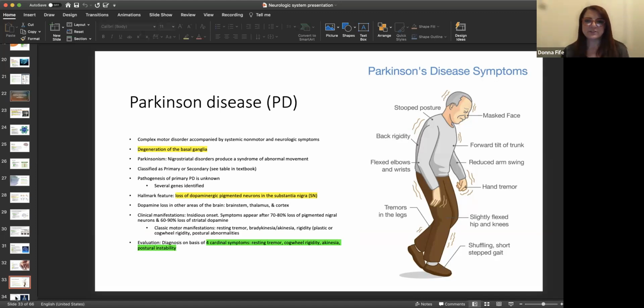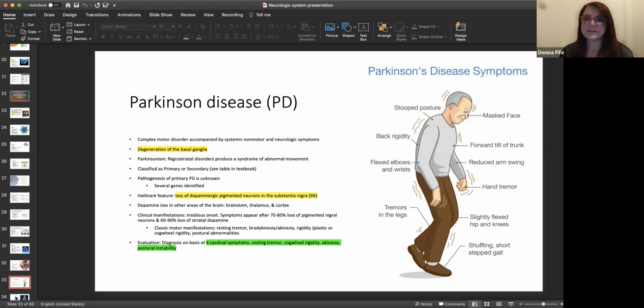Clinical manifestations: this has an insidious onset. It takes time for this to develop. Symptoms appear after 70 to 80% loss of pigmented nigral neurons and 60 to 90% loss of striatal dopamine.